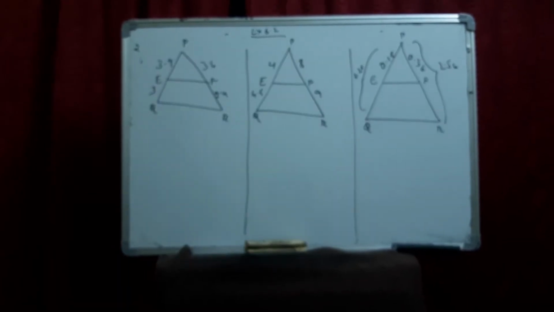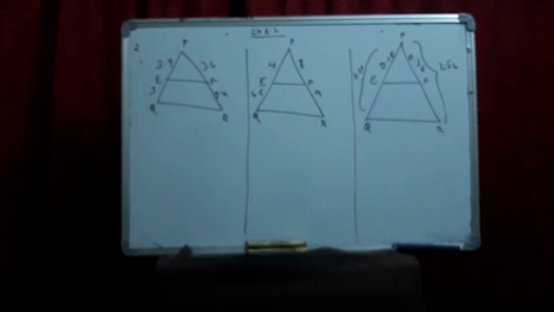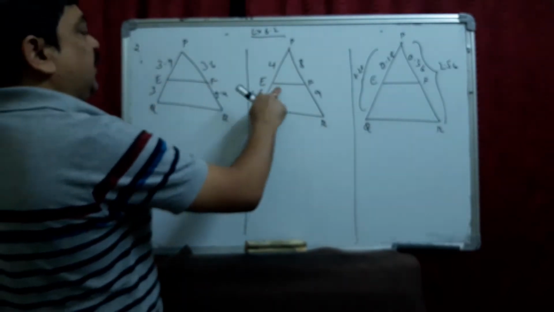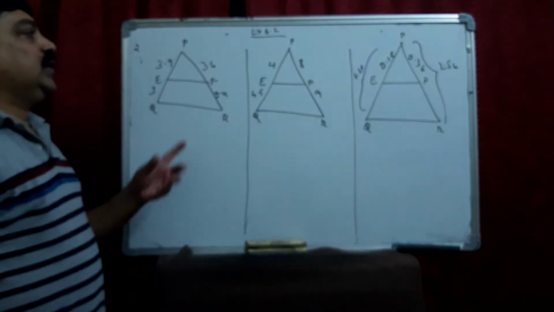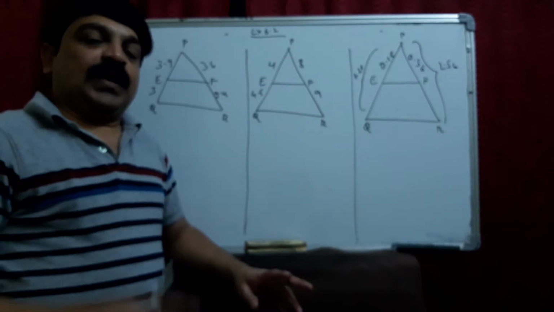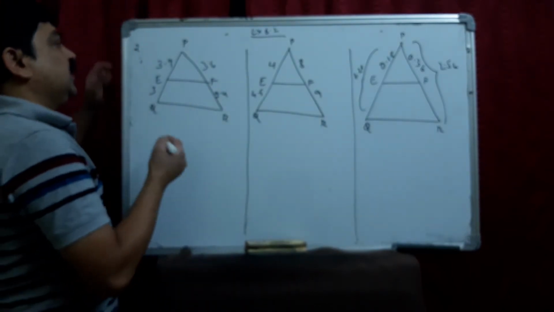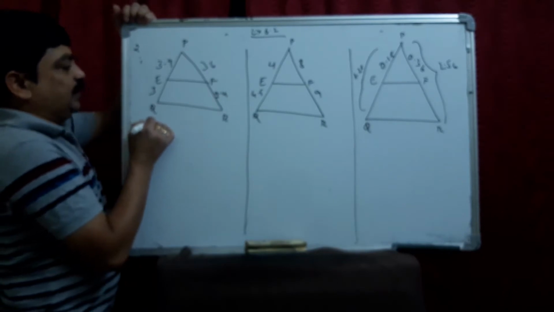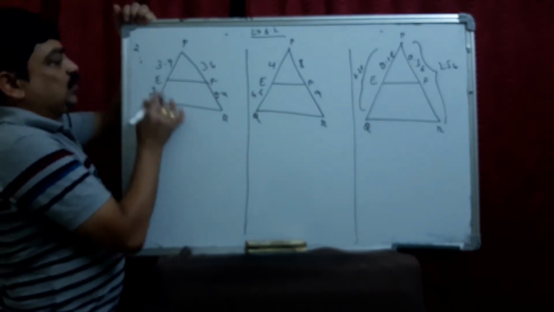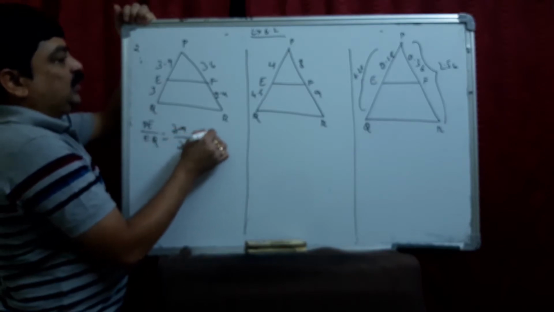In the second question, you are given all the sides and we are asked to check whether the given lines are parallel, I mean, whether the dividing lines are parallel or not. These are the dimensions given. So we go with the converse of BPT. When the ratio holds, then the lines are parallel. Let us check the ratio PE by EQ. This is given here as 3.9 by 3. It becomes 1.3.